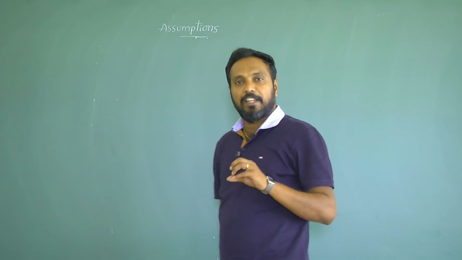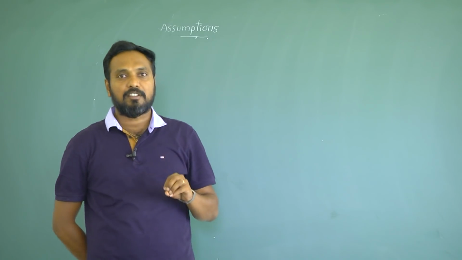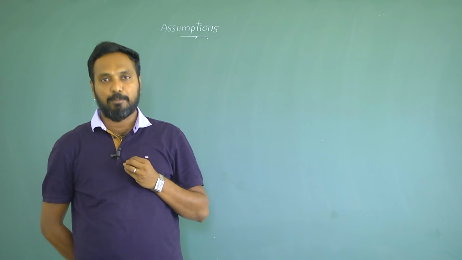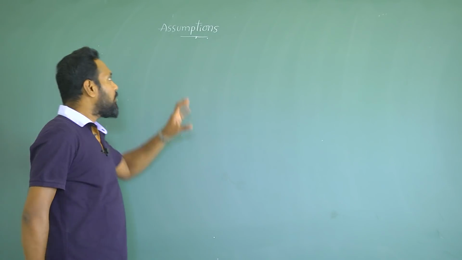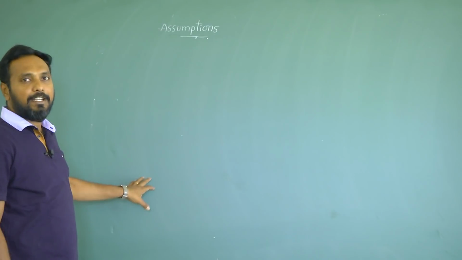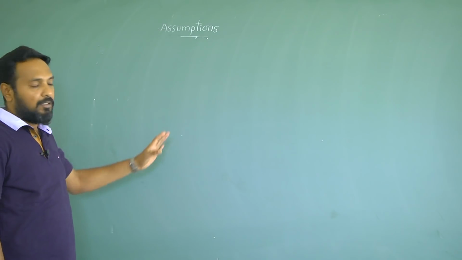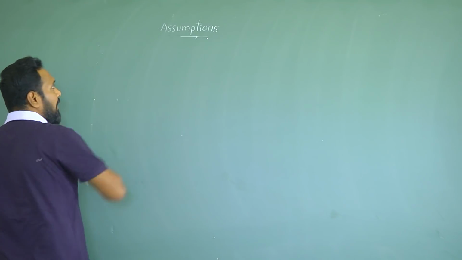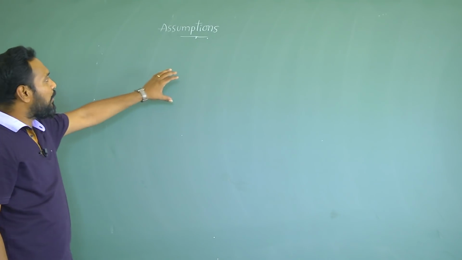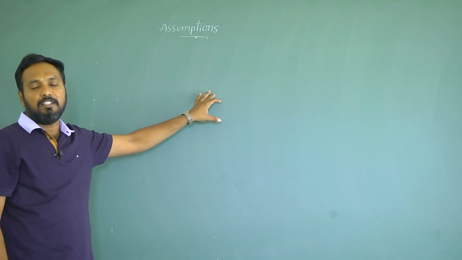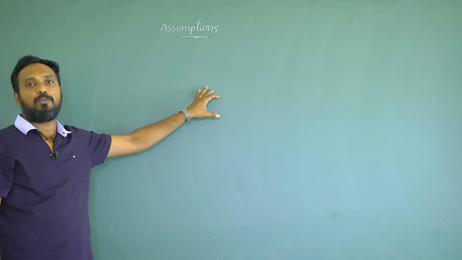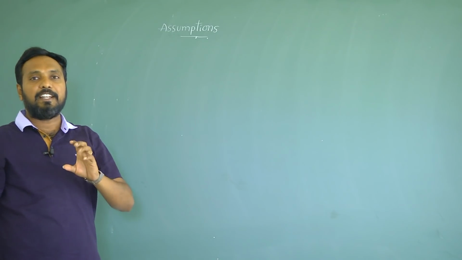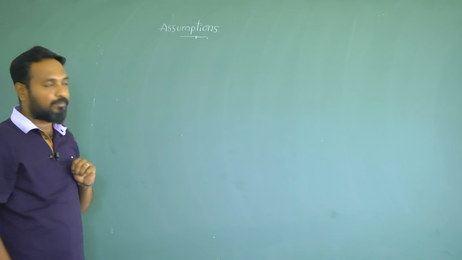So for simplification of those functions, we need to assume some other function in terms of that variable. We will discuss that, and we need to remember all those things to continue in the next classes. These assumptions won't be useful only in this particular chapter, but also very helpful for you in differentiation and integration.